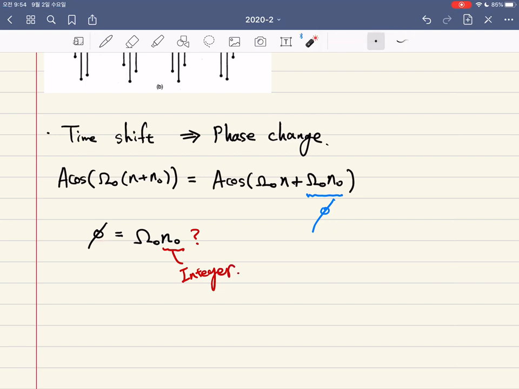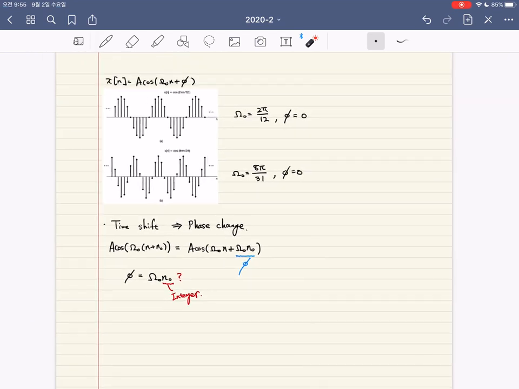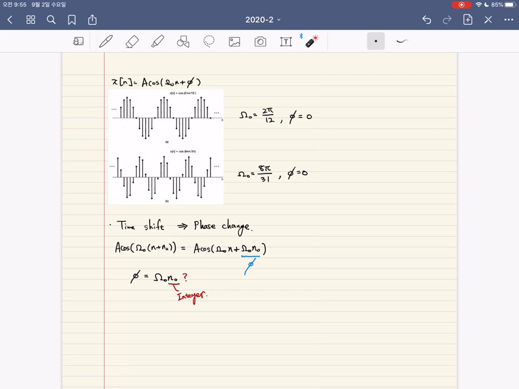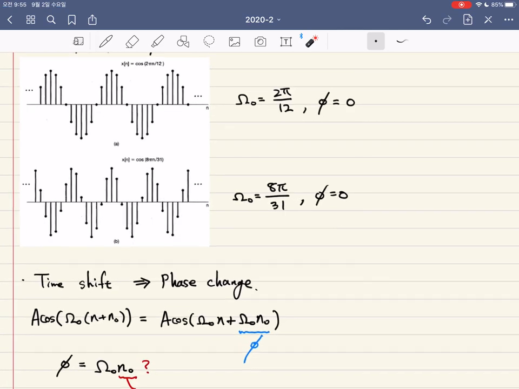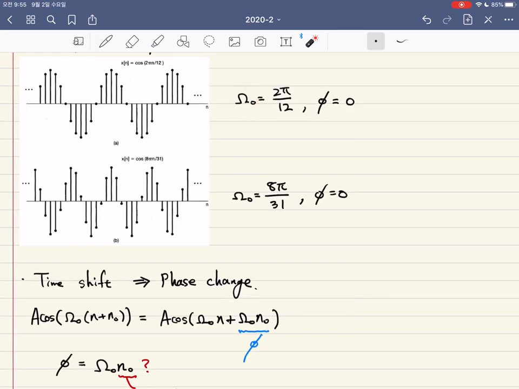So if you change the phase by a random value or the amount you want, there is no guarantee that this can be an integer, because if you have the discrete time signal, then you already have omega 0 as some value. This is already determined.